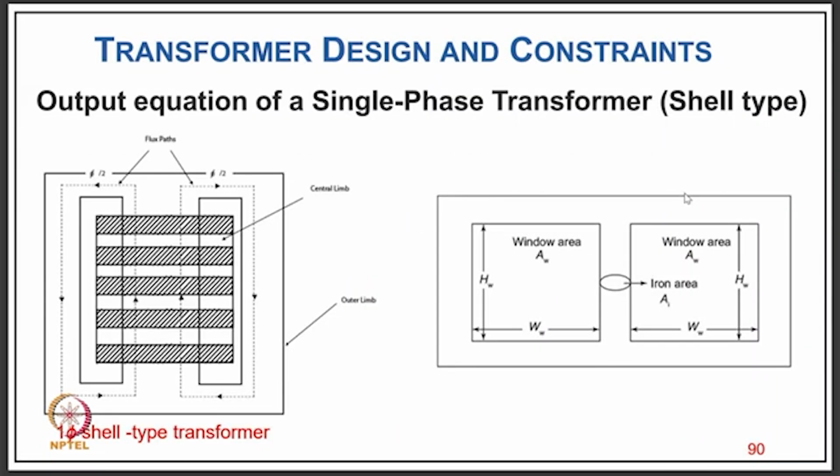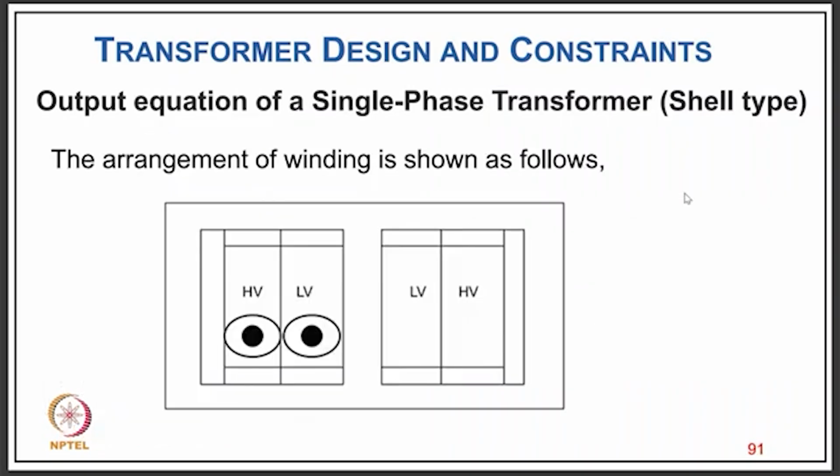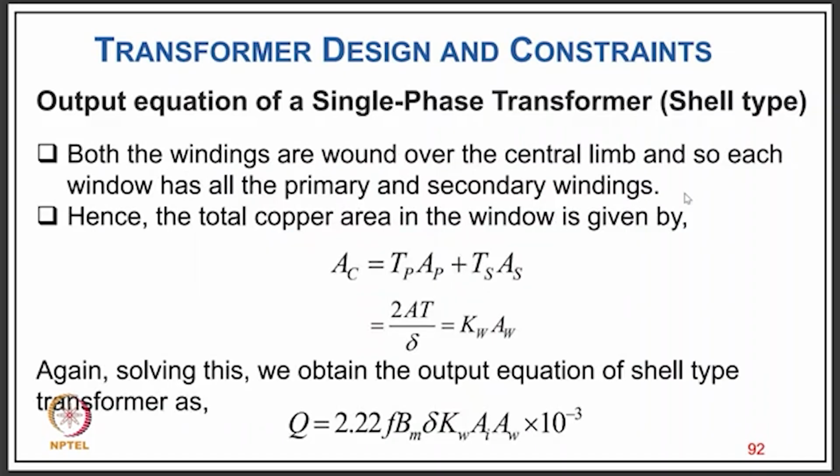Now you can see how this gets modified for the single phase shell type transformer, because in the shell type arrangement you have both the windings on the central limb. The side limbs carry half the flux, but the central limb has the full flux which links both the primary and secondary winding. LV is closer to the core and HV is far away from the central limb.